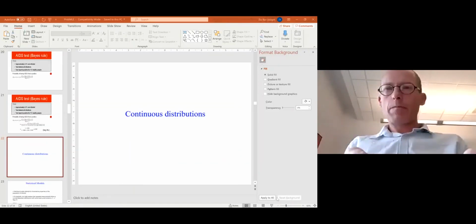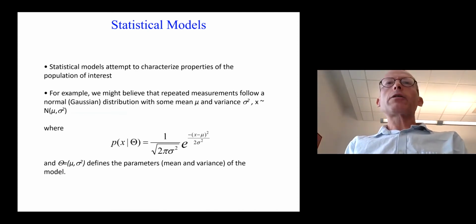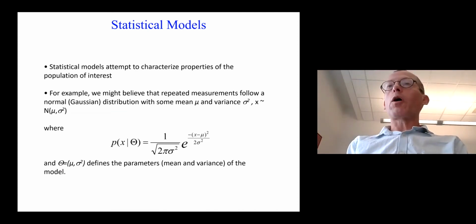Maybe some of them will be covered in the recitation. I do want to emphasize that there are continuous distributions, and continuous distributions are very useful to model real-world values.